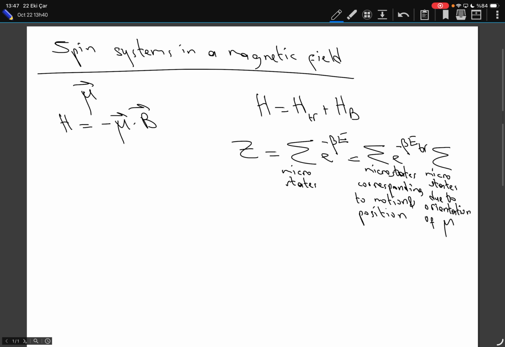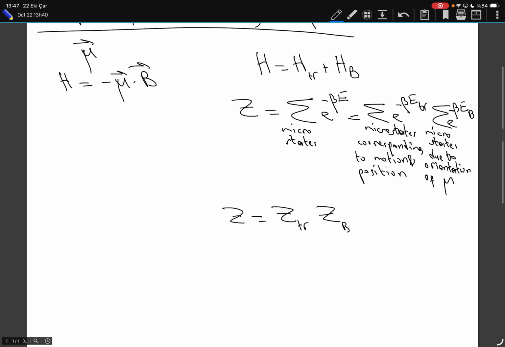So the microstates due to the orientation of mu will be e to the power minus beta energy due to the external magnetic field. So we have the partition function separate into two. One due to the translational motion of these particles, and another one due to its magnetic properties. In this problem, we are looking at the magnetic properties. That's why I separate out the partition function due to its magnetic properties.